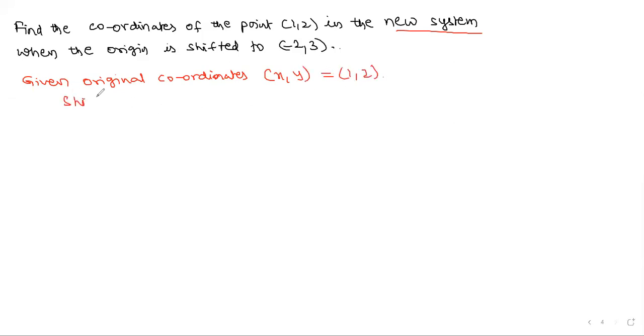The shifted origin is h, k equals (-2, 3).